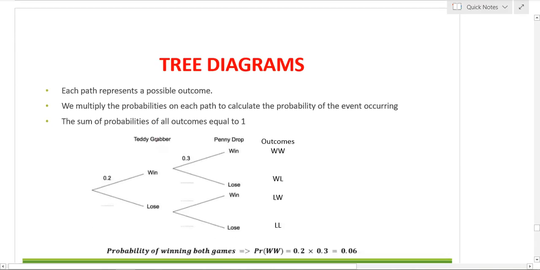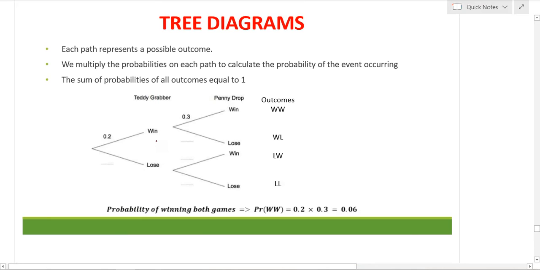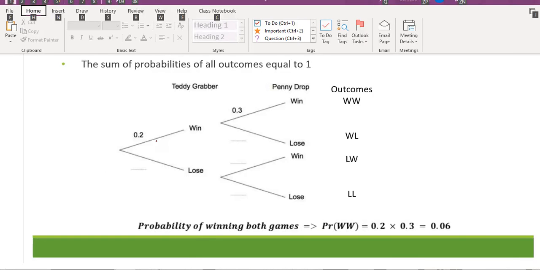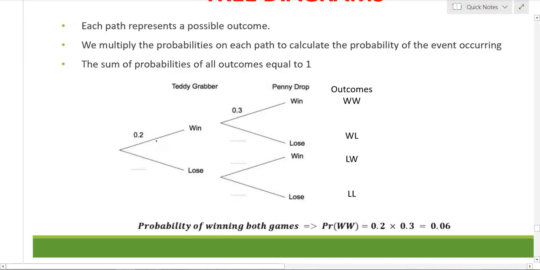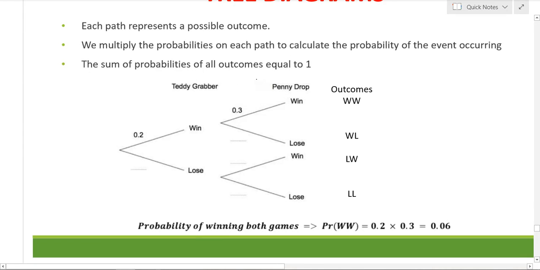All right, so let's have a look at an example of what a tree diagram has to look like. If you ever draw a tree diagram in my class and in year 11 and year 12, this is what it should look like. So you obviously have to have the tree itself, right there. Make sure you include all the things in the tree. You've probably done this in year 9 and year 8, but include the tree.